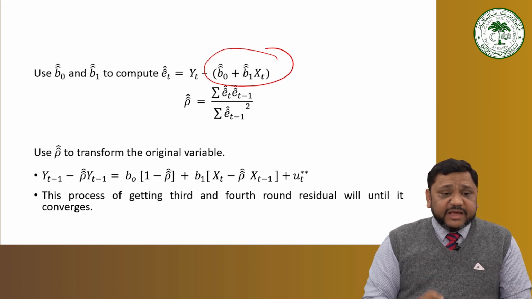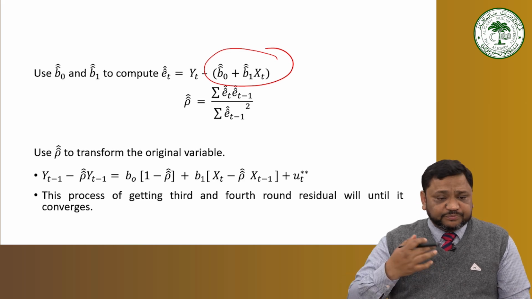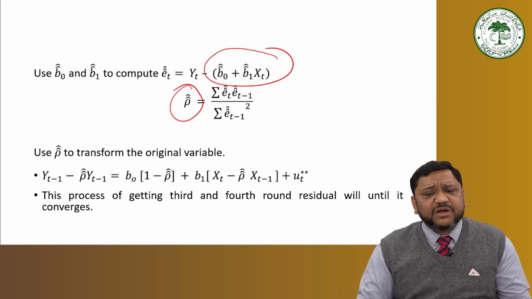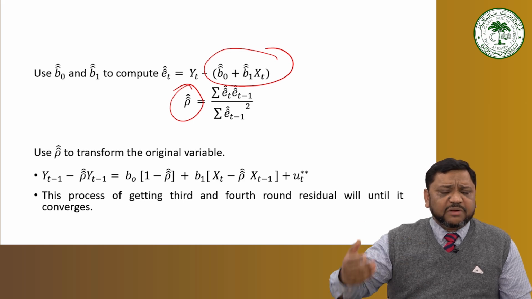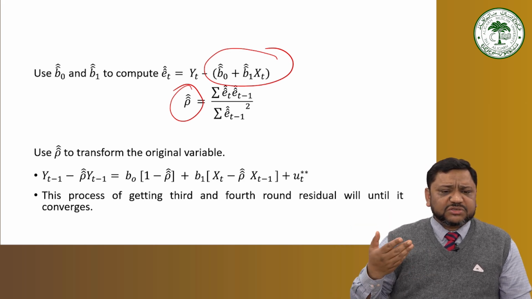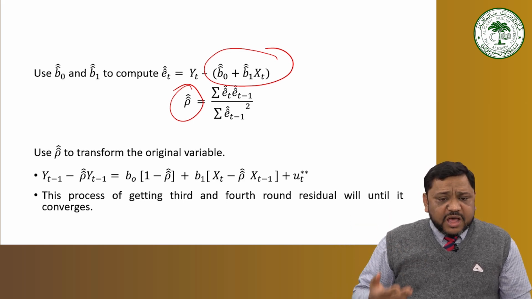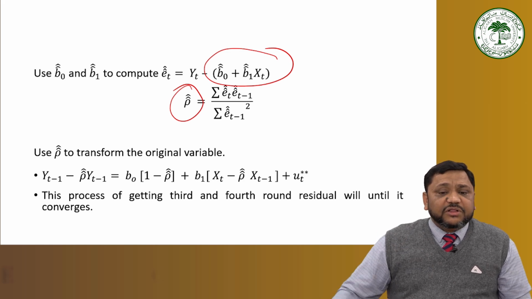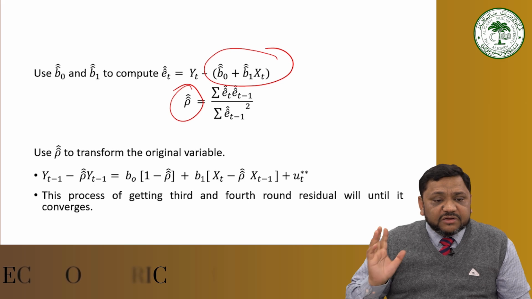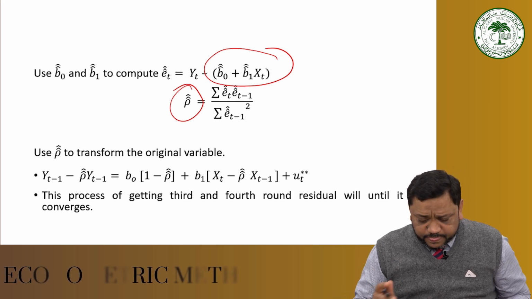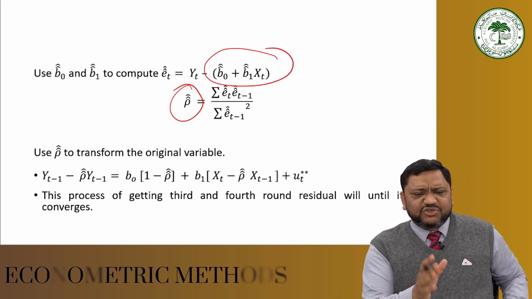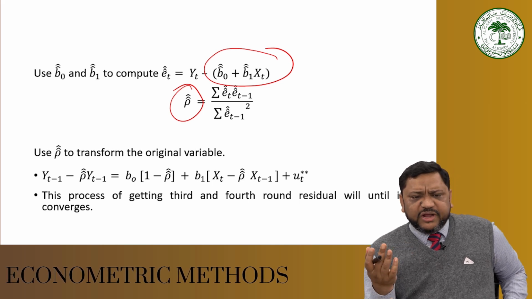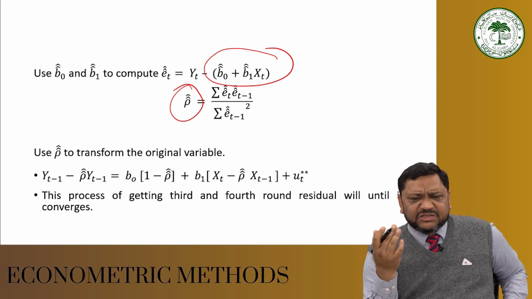You can again repeat this process, and go on repeating it again and again until the value of rho hat converges. Many researchers stop at the second round, but it can go on extending. Normally they stop at the second round.